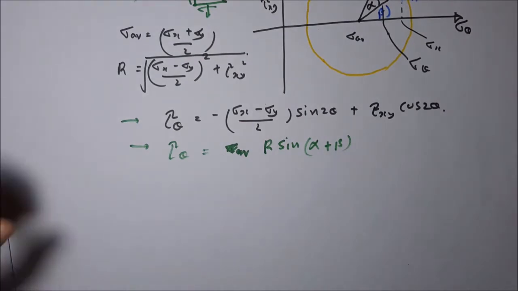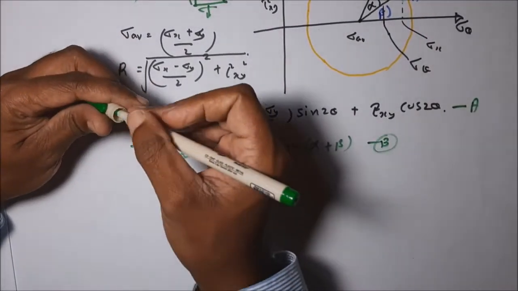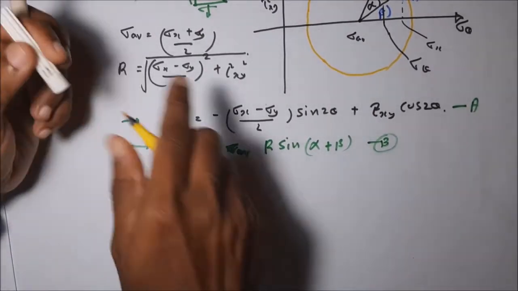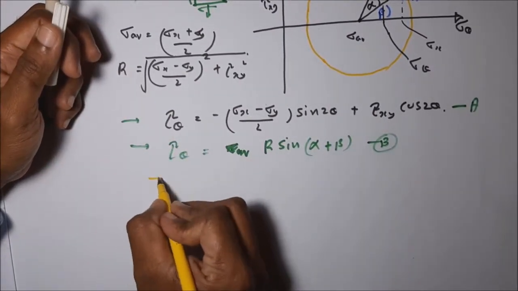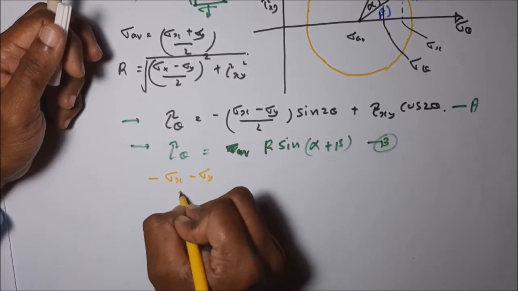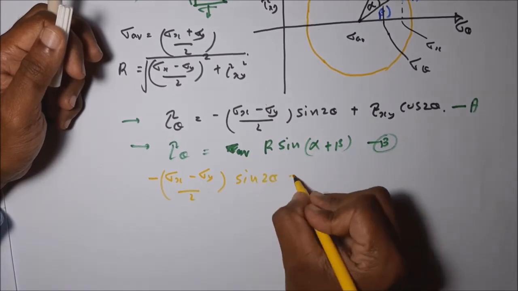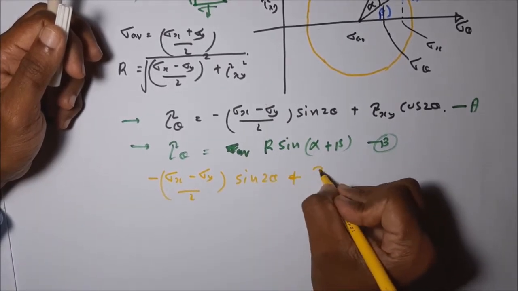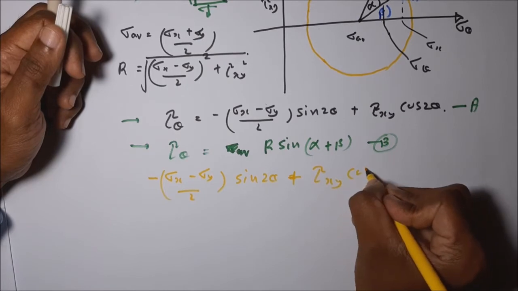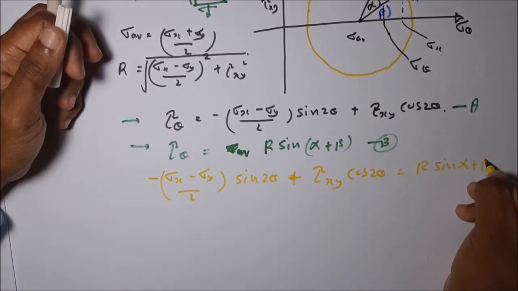That means I am going to equate A and B. Then we get minus (sigma x minus sigma y) divided by 2 into sine 2 theta plus tau xy cos 2 theta is equal to r sine (alpha plus beta).